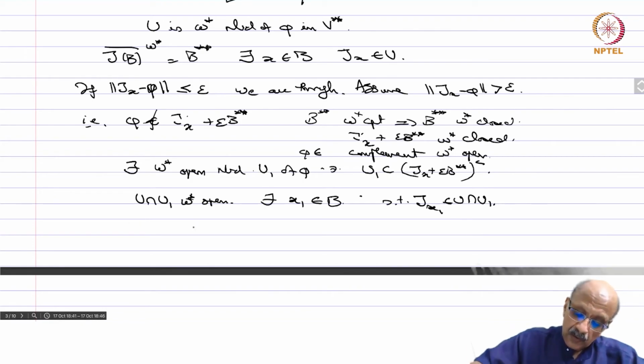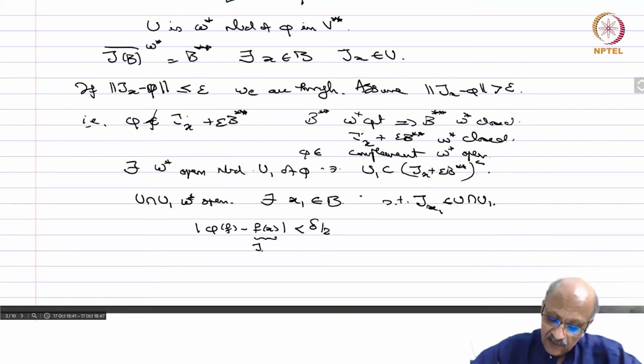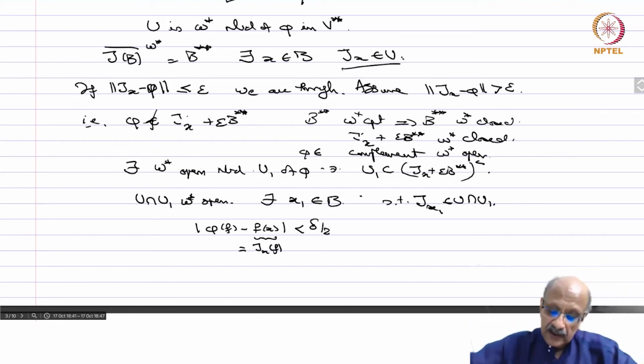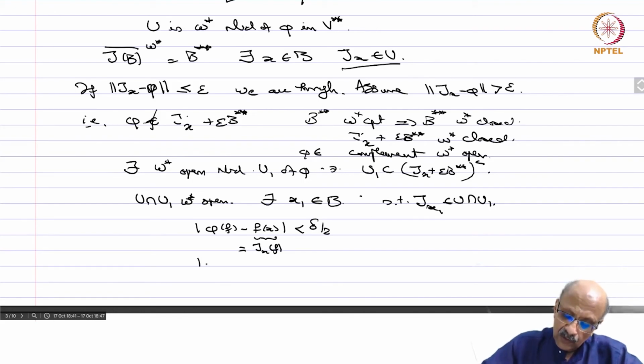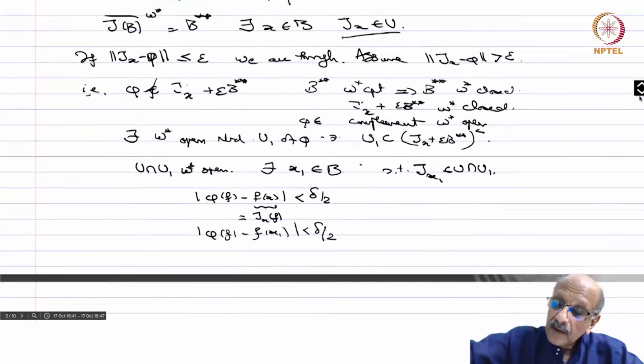So mod of phi f minus fx is less than delta by 2, because Jx is nothing but Jx of f. So phi minus Jx of f, Jx belongs to u, and therefore phi f minus fx is less than delta by 2. Jx1 is also in u, so phi f minus fx1 also is less than delta by 2. Okay.